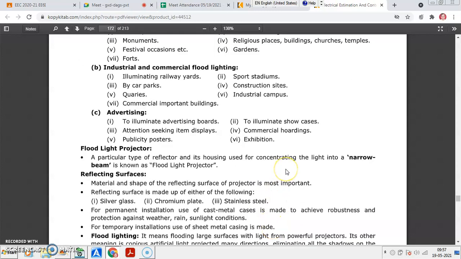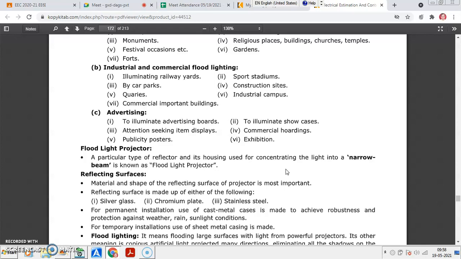Many materials are used for reflection surfaces, like silver glass, chromium plates, stainless steel plates. So these reflections are used to increase the illumination. So these materials with certain shapes are used as reflectors.